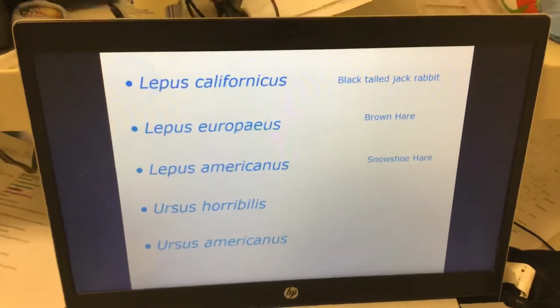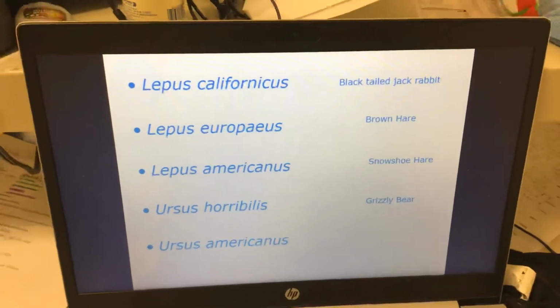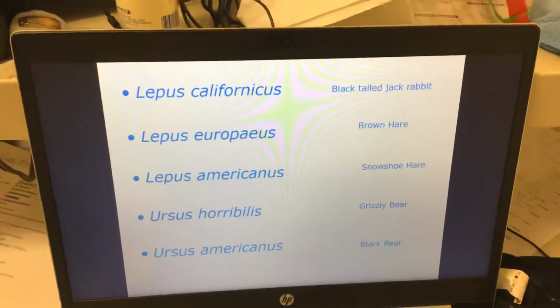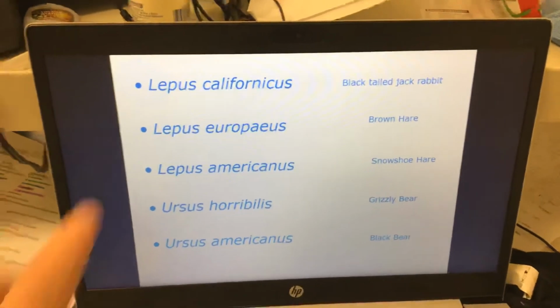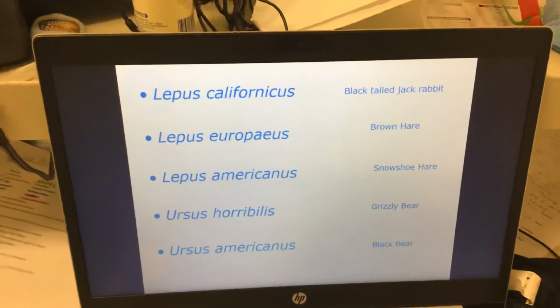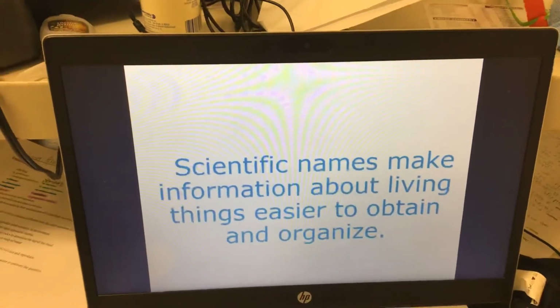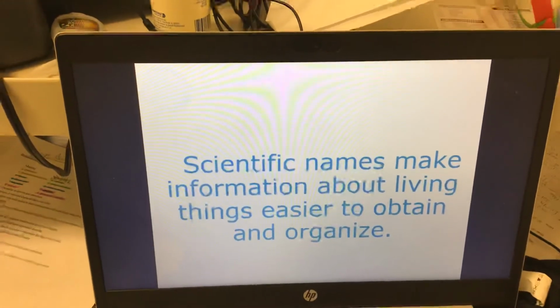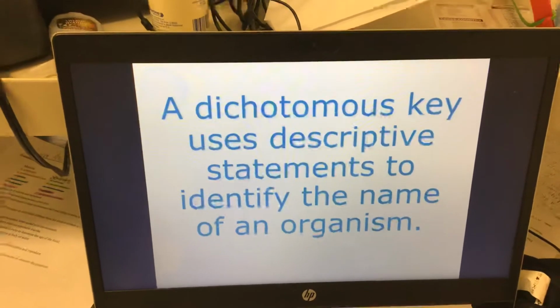Ursus horribilis would be the grizzly bear, so Ursus americanus is some sort of bear, a black bear. If you're in the same genus, you're going to be very similar. You don't need to write anything here. Scientific names make information about living things easier to obtain and organize.